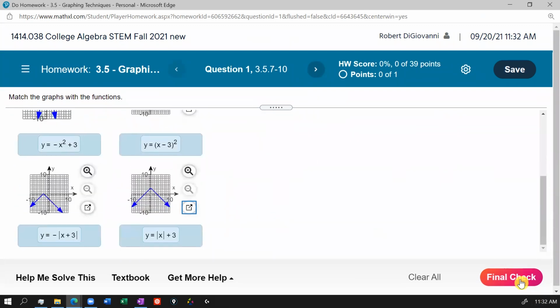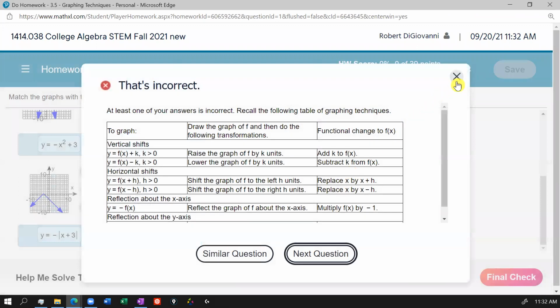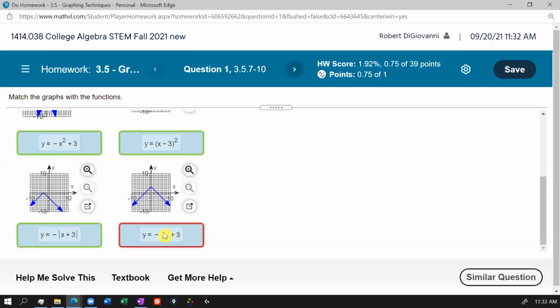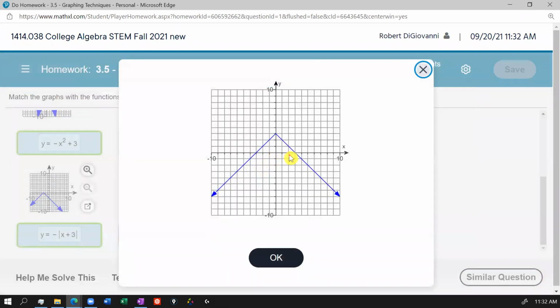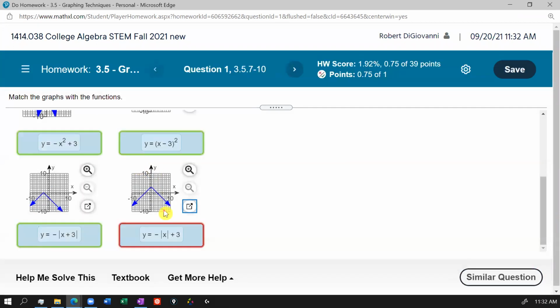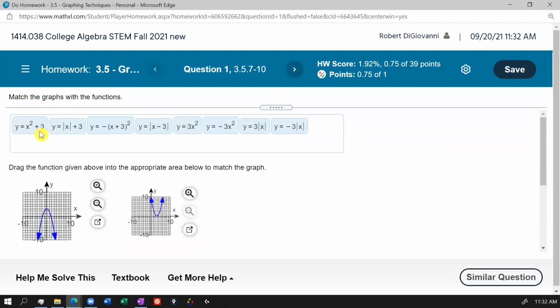Oh, that's it. Okay. What am I missing? This one? Let me look at that again. Absolute value. Oh, sorry, it's been reflected over. Sorry, forgot to reflect it. Yeah, no, hold on. Up 3. Hold up a second. Absolute value of 3 flipped over.